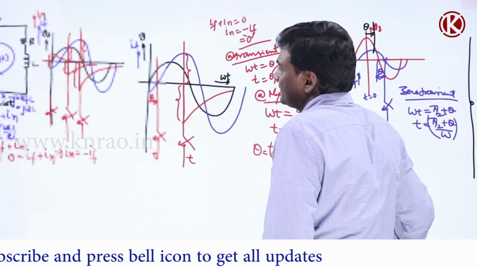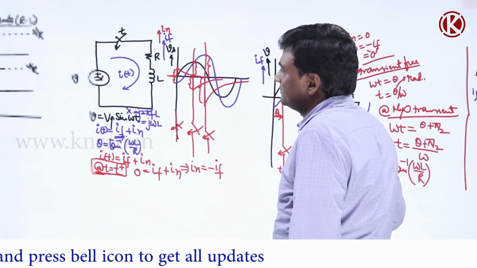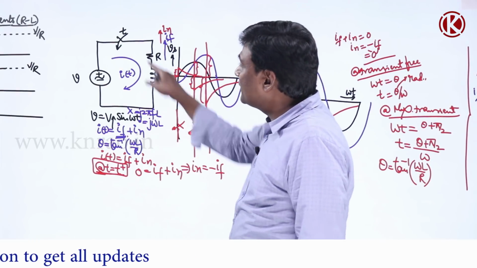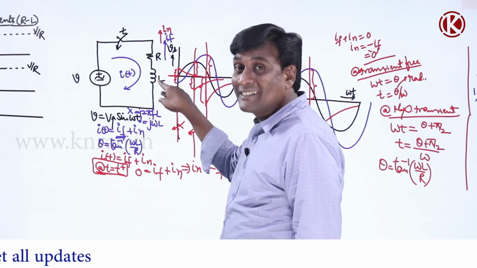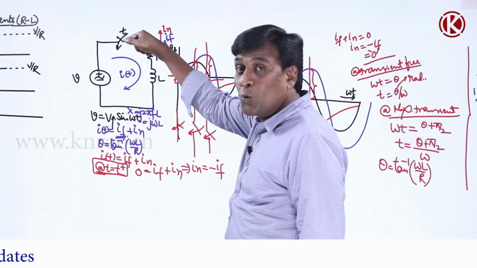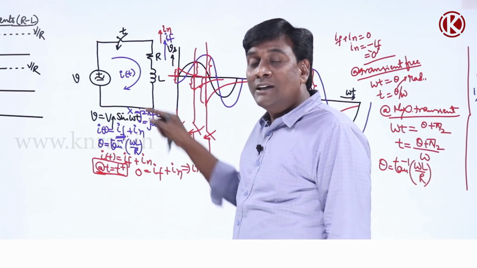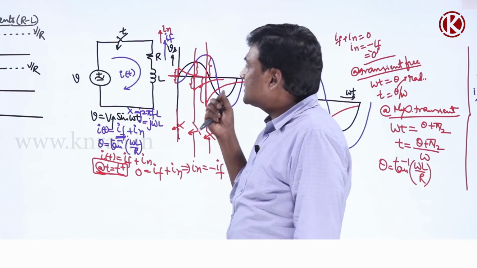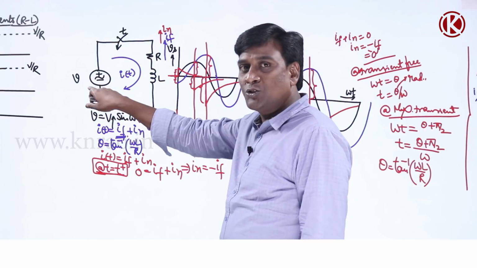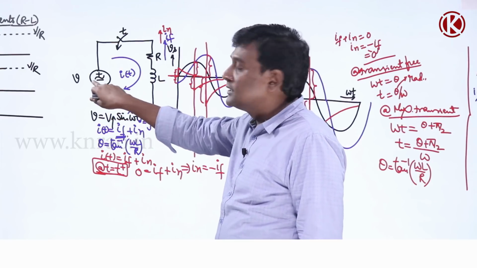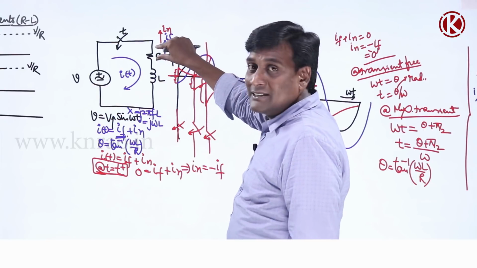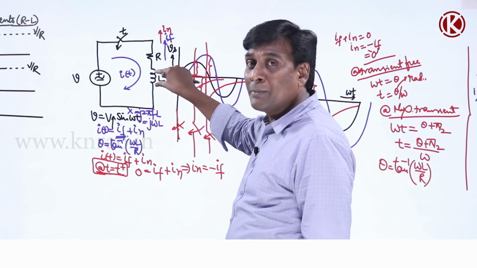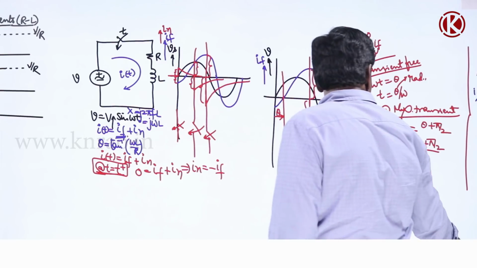If you compare with the RL network, what happened? Before closing the switch, the inductance current is 0. So immediately after closing the switch, the inductance current should be 0, such that forced plus natural should be 0. People are keeping the voltage here, keeping the resistance here, removing the inductance and replacing it with capacitance.